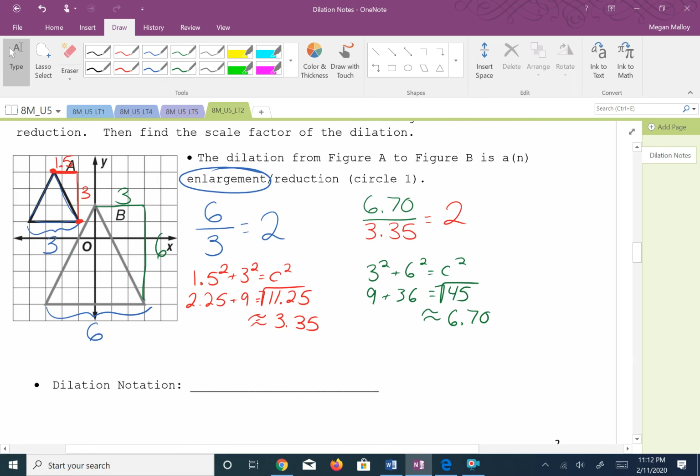So my scale factor is going to be equal to 2, which makes sense, again, because we've already identified that it's an enlargement and my scale factor is greater than 1. So my dilation notation, if I take 2 and I multiply it by x, and then 2 multiplied by y.